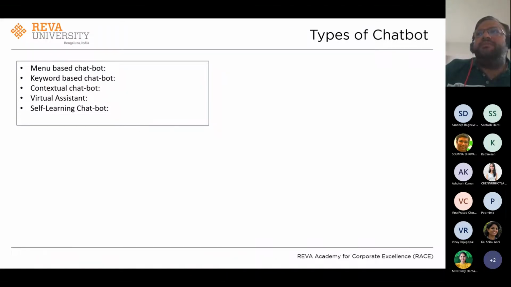Can you give me an example? Very good example. Menu based chatbot. IVR, for example. Correct. Press one. Yeah, press one is a good example. Otherwise, all the banks which you call, all credit card, bank related queries, they definitely have so many options, right?